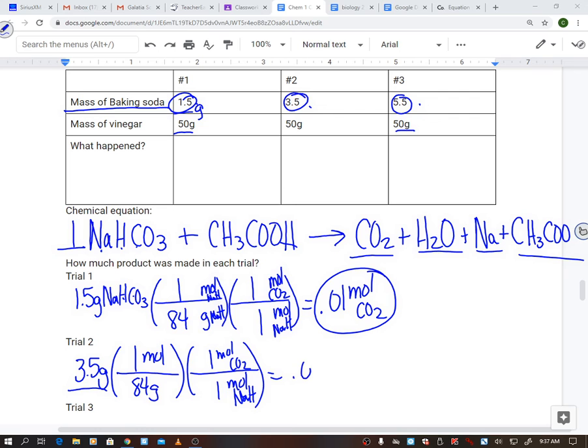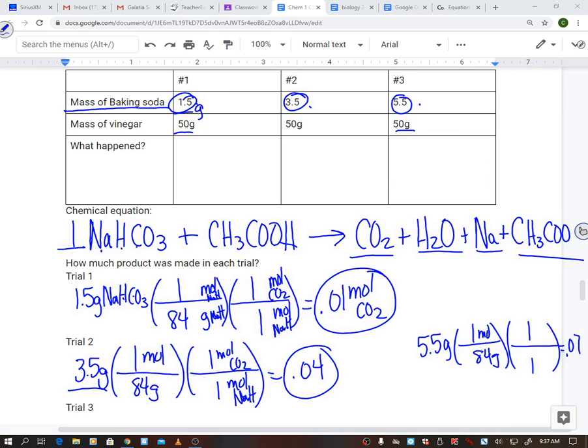This is 0.04. So yeah, the reaction should be a little bit bigger, right? A little bit. And then if you look at trial 3, it's 5.5. 84 grams over 1 mole, and then we do our mole to mole, which is still just 1 to 1. And this is 0.07. So yes, my reaction's a little bit larger.